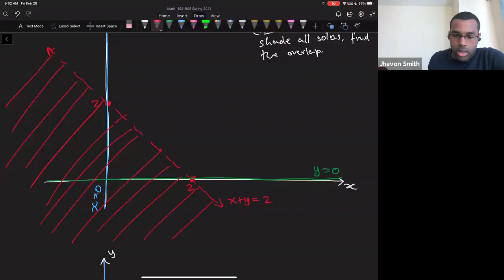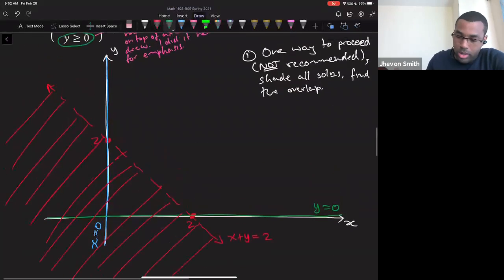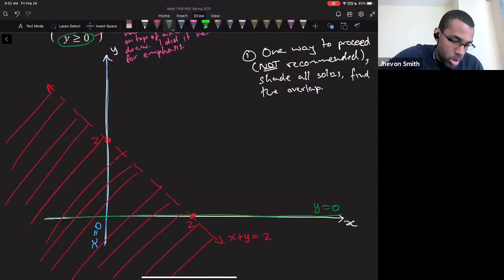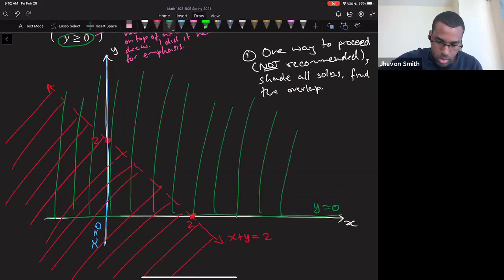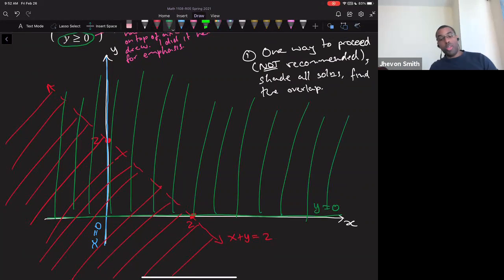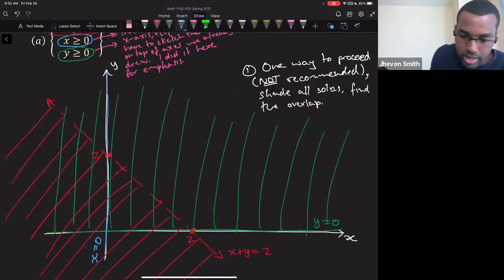Right. Then for the green line, that's y equals 0. I want y greater than or equal to 0. So obviously the solution for that is everyone above that line. And for the blue line, I want x greater than or equal to 0. So it's everyone to the right of that line.